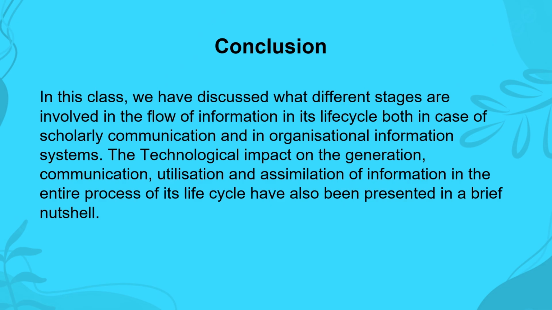In this class, we have discussed what different stages are involved in the communication and flow of information in its life cycle, both in the case of scholarly information and for organizational information. The technological impact on the generation, communication, utilization, assimilation, and disposal of information in the entire process of its life cycle has also been covered in a brief nutshell.